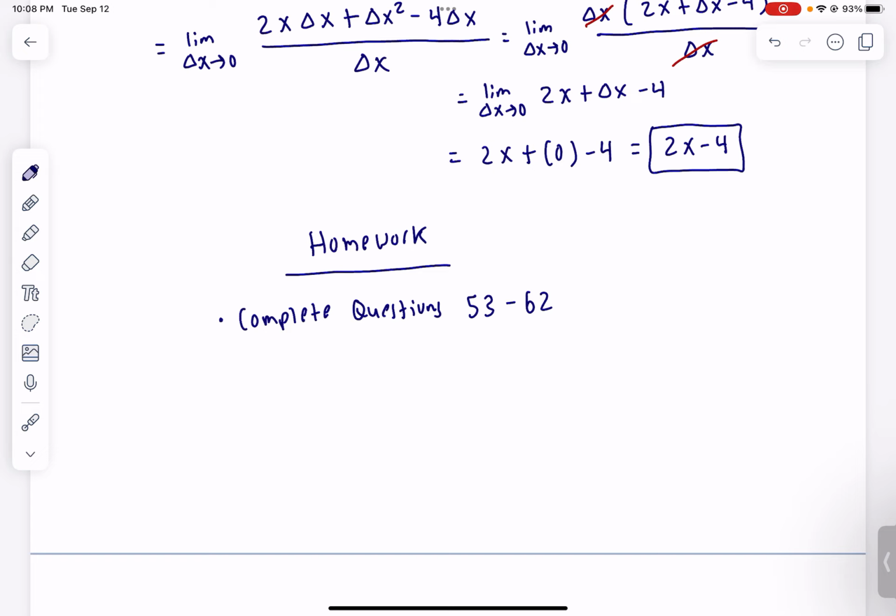And let's see, so I don't know why I said 62, it should be 61, right, because you're just doing the odd. So you should be able to complete questions 53 through 61 based on what we just did.